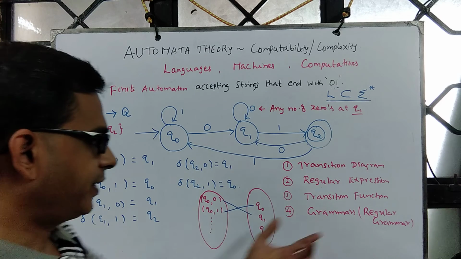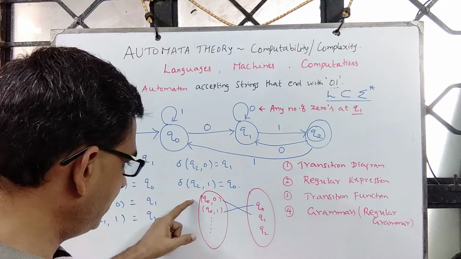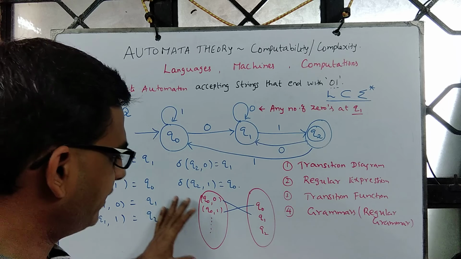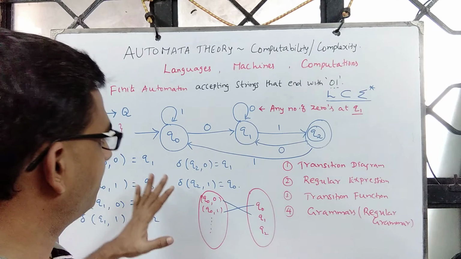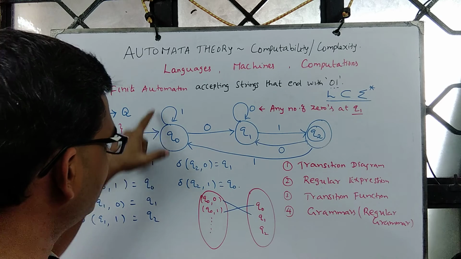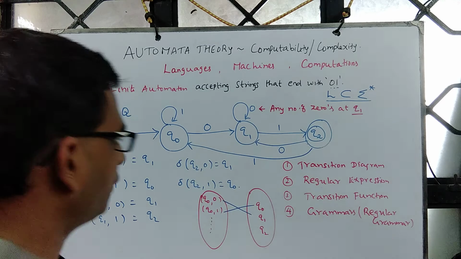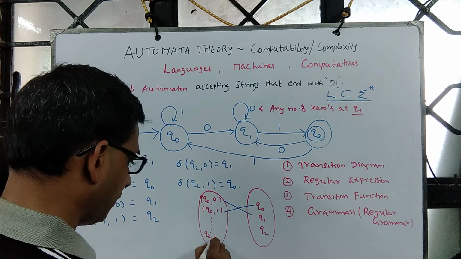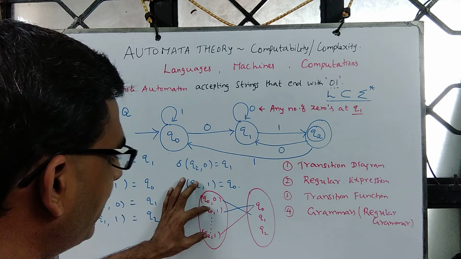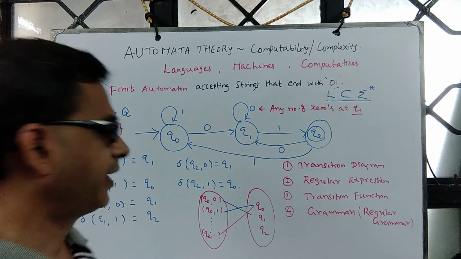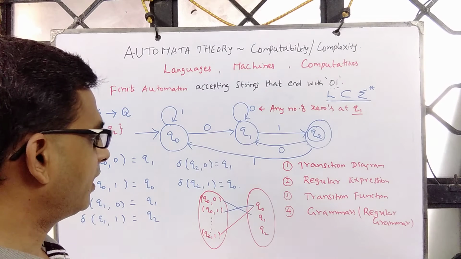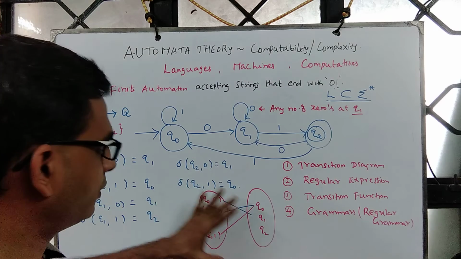So now it is clear that it is a function because each element here has a mapping, and this need not be one to one, because many elements here may map to q0. For example, (q0, 1) is mapping to q0, and you also see that (q2, 1) is also mapping to q0. So more than one element over here is mapping to an element here, but it's clearly a function.